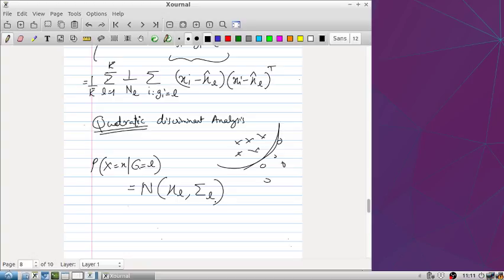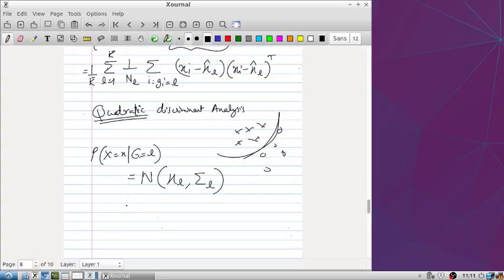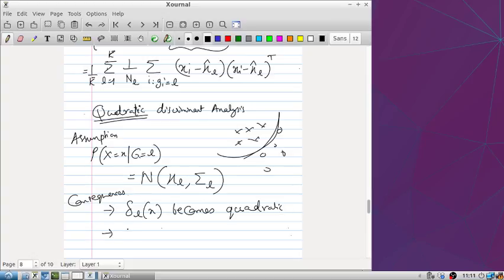That's the only difference. And as a consequence, the delta L of X becomes quadratic. So this is the assumption. Consequences: the decision boundary is quadratic.